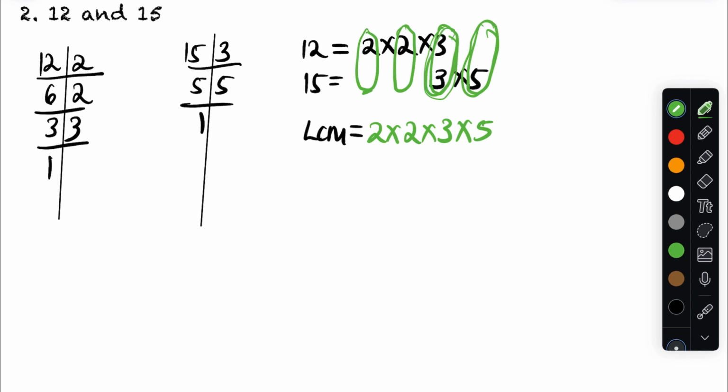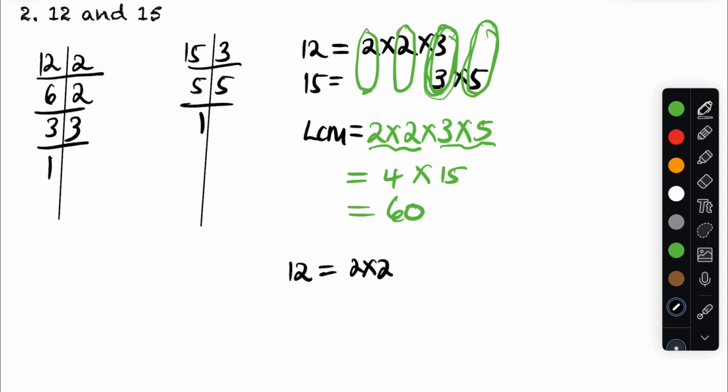So you're not going to put 3 times 3 there, you're just going to put one 3. So 2 times 2, it's 4, times 3 times 5, it's 15. So 4 times 15, it's what? It's 60.